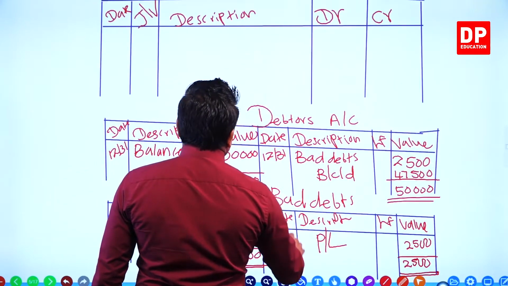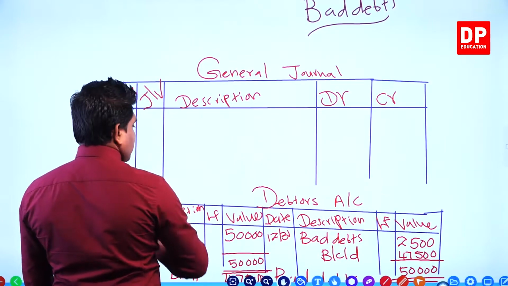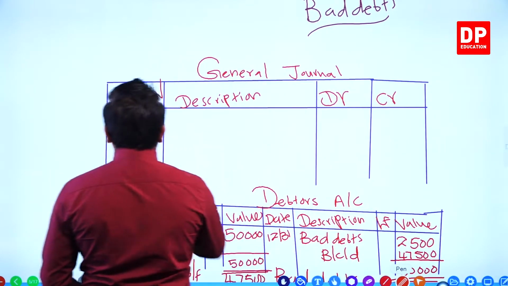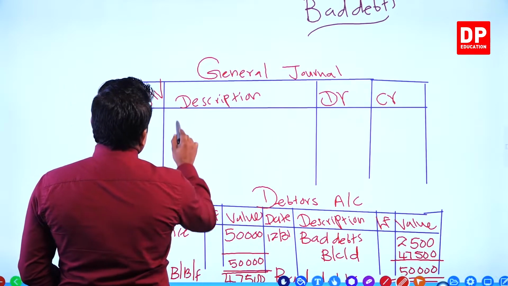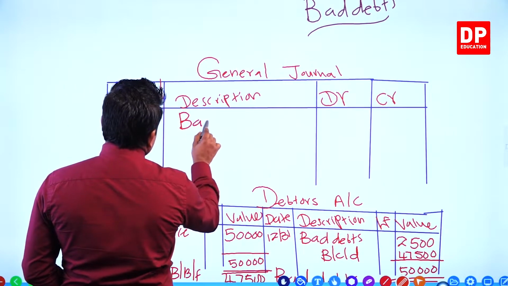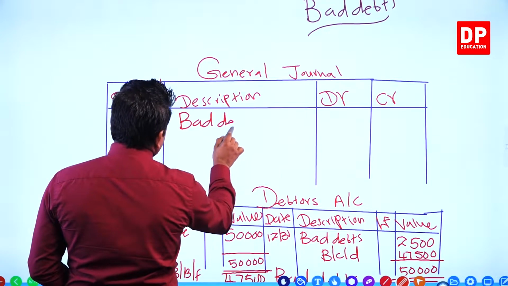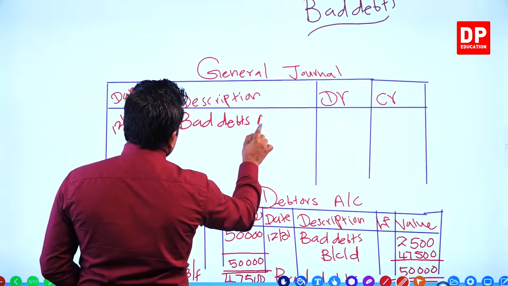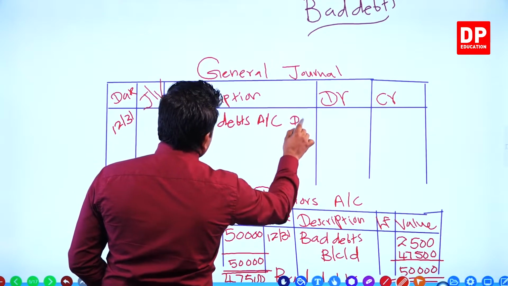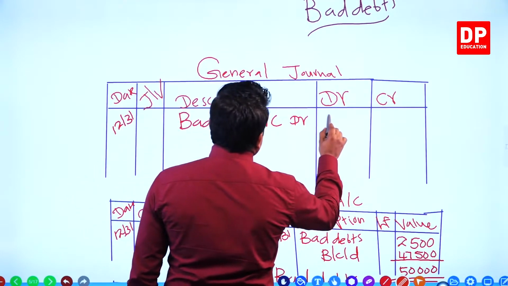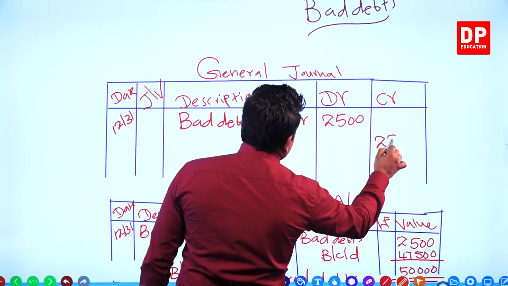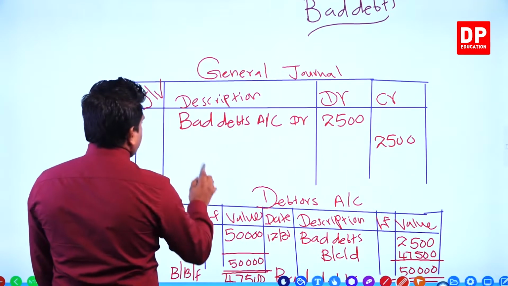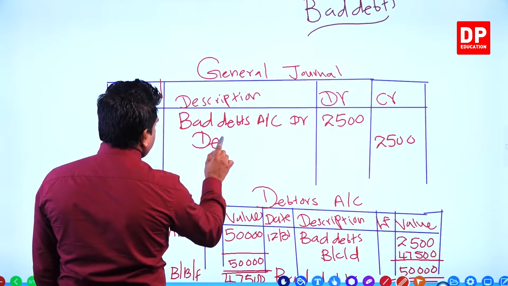It goes to the general journal on the same date, 12/31. Bad debts account debit, how much? 2,500. Debtors credit 2,500.